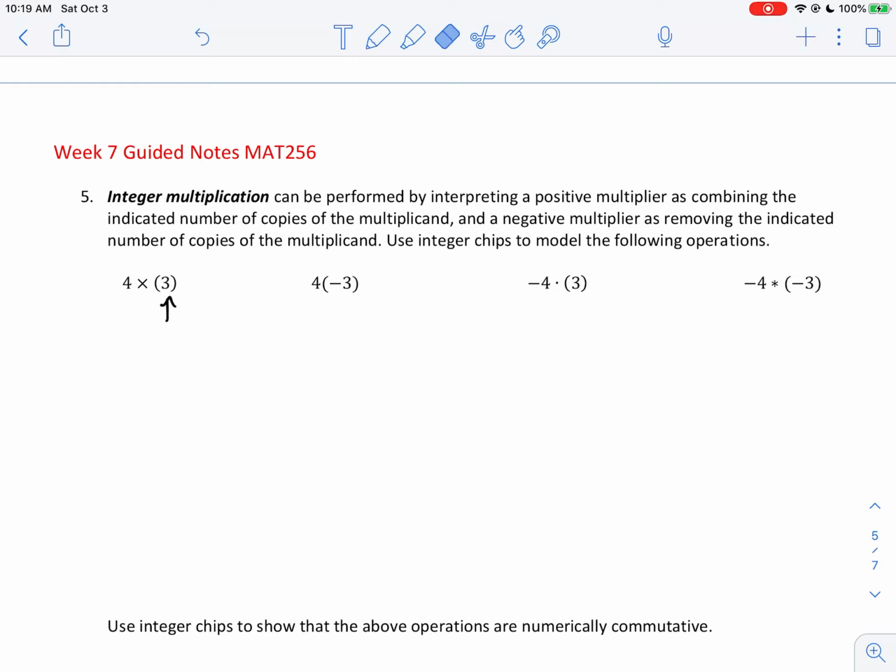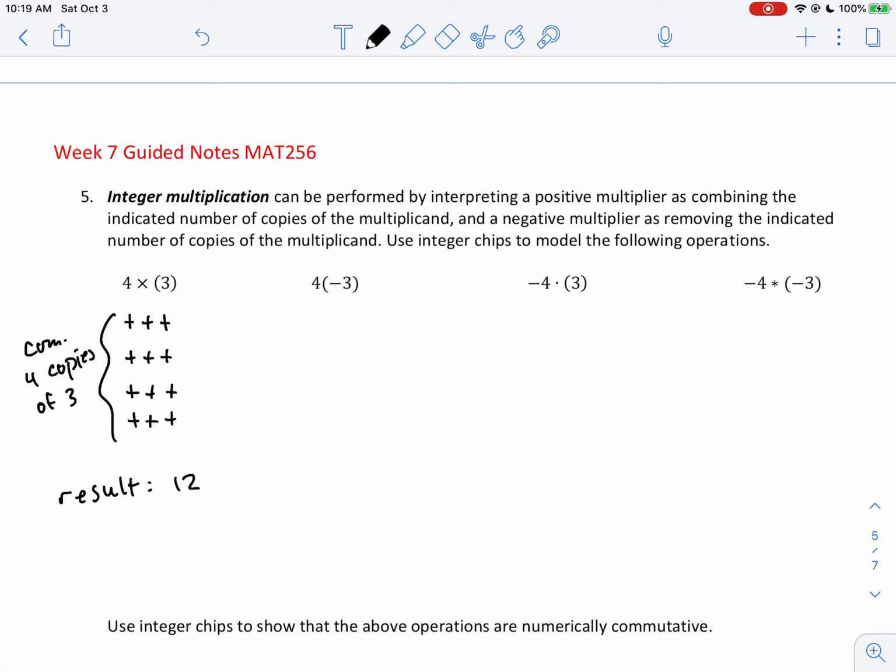The multiplicand here is the 3. There's the 3 using chips. Here's a second copy of 3, a third copy of 3, and a fourth copy of 3. So we're going to combine 4 copies of 3, and the result is, of course, 12 plus signs. So positive 12 is the result.